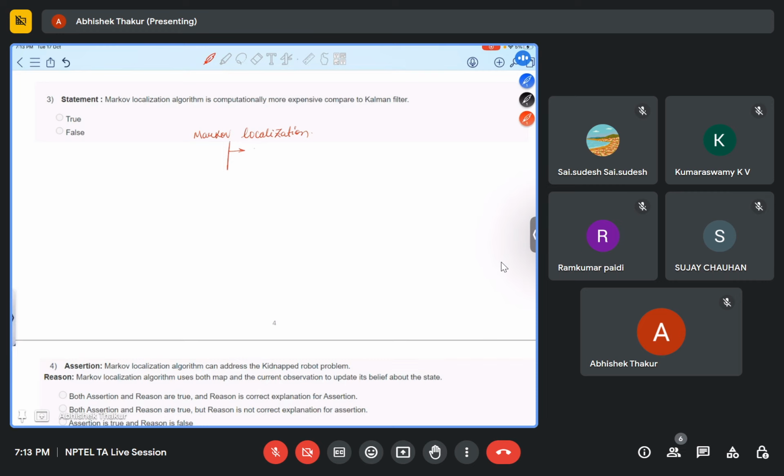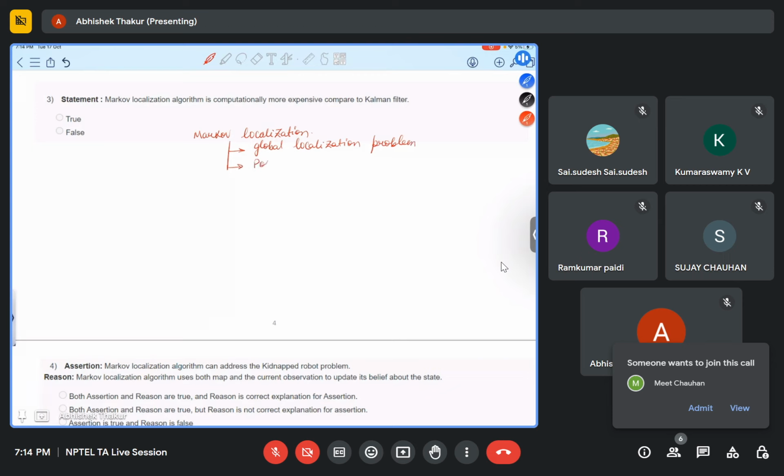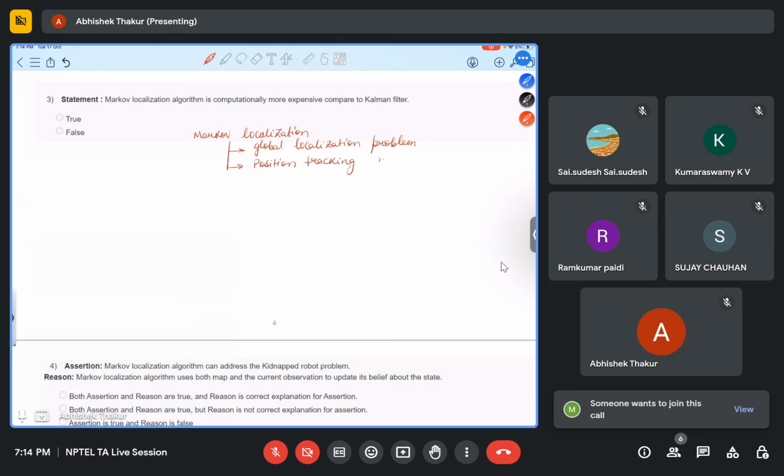Markov localization is used for the global localization problem, tracking the position, that is the position tracking problem. And the third one is the kidnapped robot problem.